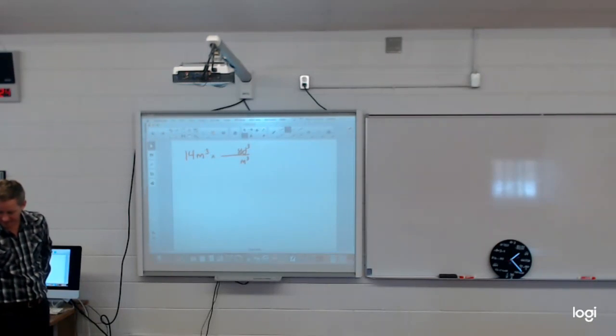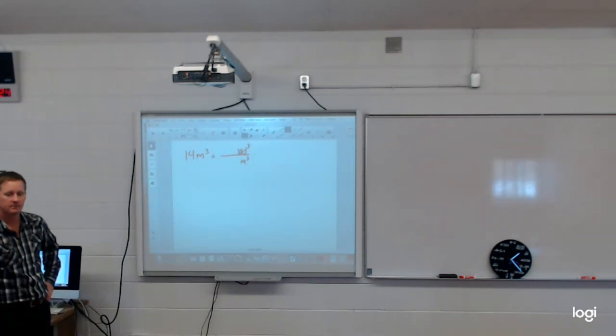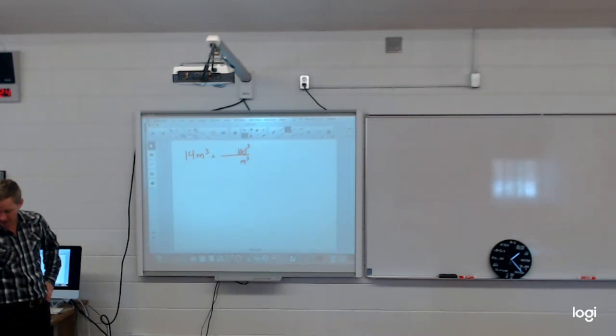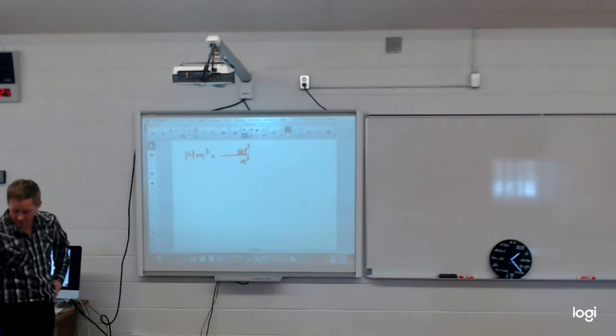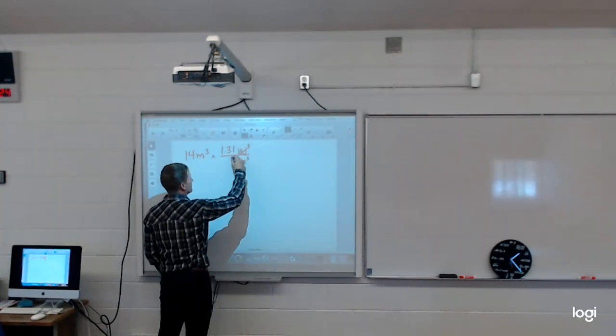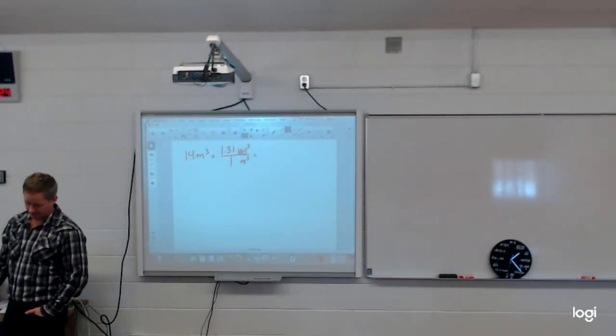Again, we run into that situation where your ratios are rounded off a fair bit. But using the ratios that we have here, I have 1 meter cubed is 1.31 yards cubed. We'll use that for the time being.